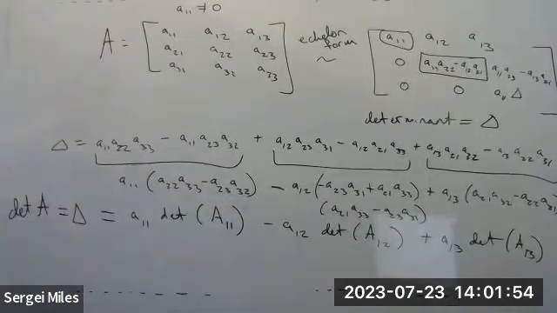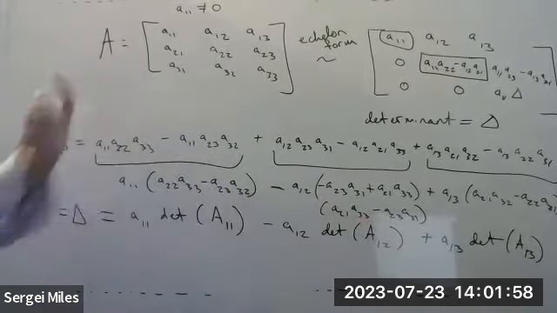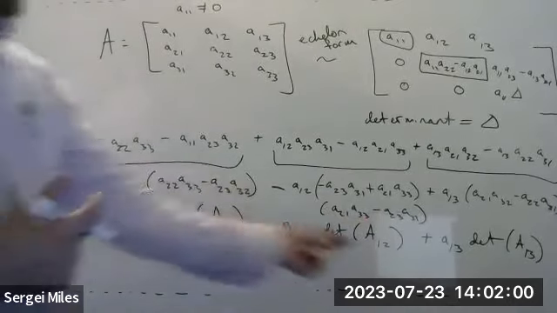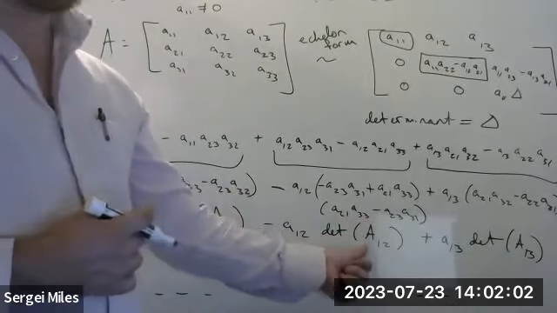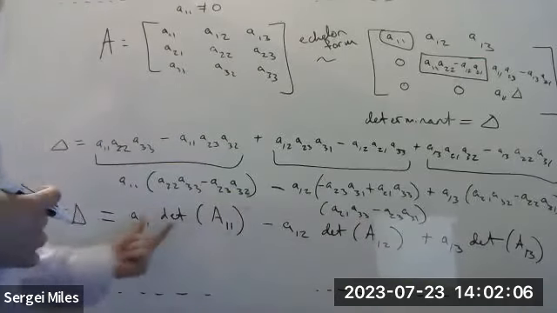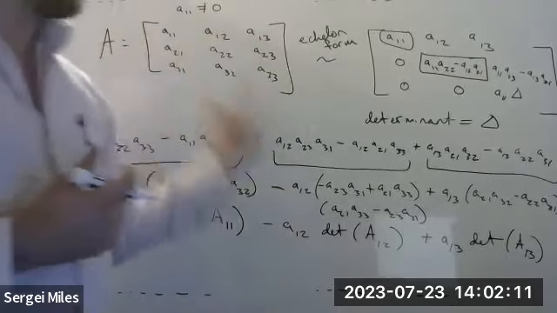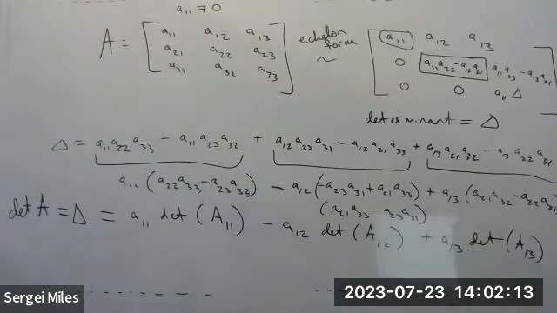But I also want to highlight this alternating plus minus pattern that had to occur in order to get this determinant of A12 to appear in the middle. That's how things are going to work out in your row reduction of your matrix. Okay, so this is actually the formula we want here.